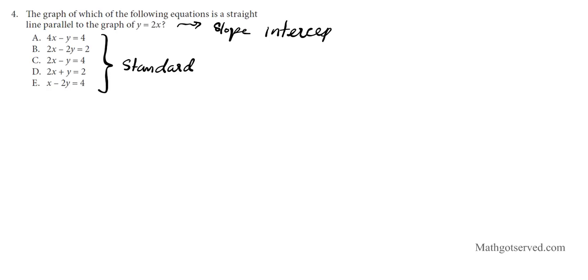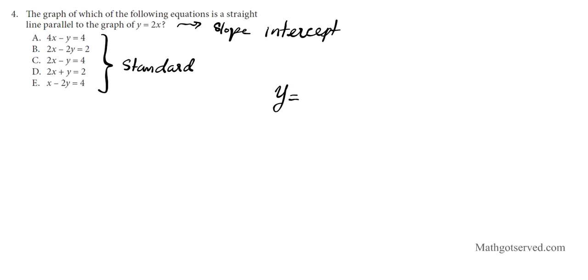Question 4, it says the graph of which equation is a straight line parallel to the graph y equals 2x. Now notice all these formulations right here are standard form, and this one is slope intercept. There is an easy way to find the slope of an equation in standard or slope intercept form.